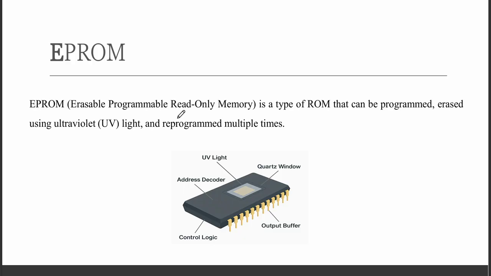In the previous two slides we discussed MROM and PROM, where we can't change the data once it is written on the ROM. But with EPROM we can change the data multiple times by exposing the ROM IC to UV light.